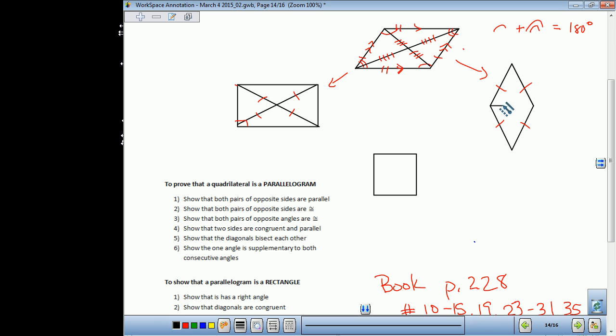Okay, and then another cool thing on this one, our diagonals, they bisect each other because it's in the parallelogram family, but they are also perpendicular. And those diagonals are going to bisect opposite angles.